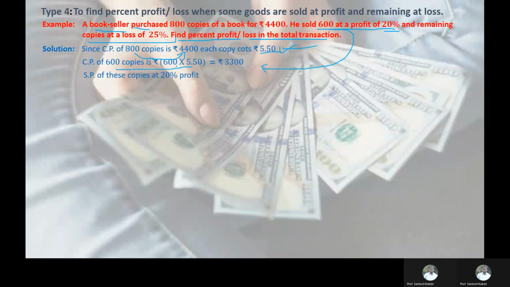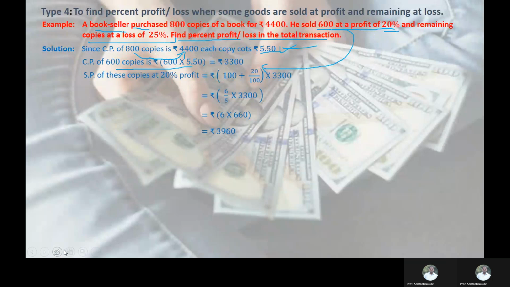So we increase 3,300 by 20% using the formula 100 plus 20 upon 100 into 3,300 rupees, and calculating, we get 3960.